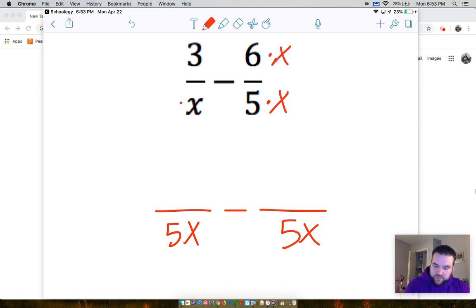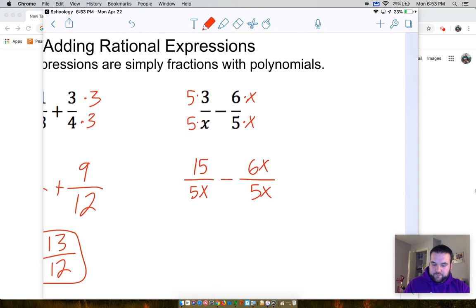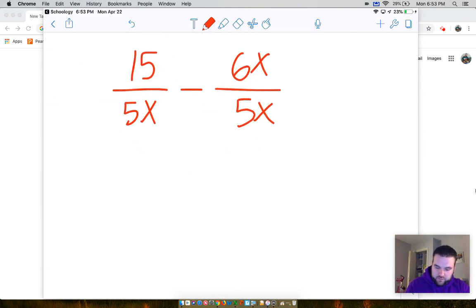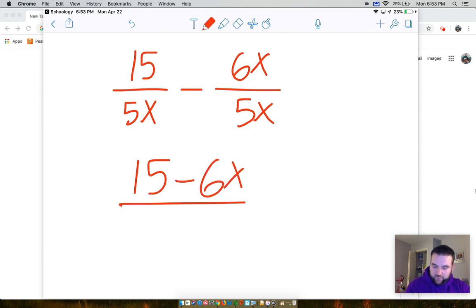And in the first fraction, I'm going to multiply by 5 on top and bottom, so that I achieve my desired denominator of 5x. So this is 5 times 3 is 15. And then the second numerator is 6 times x, so that's 6x. Then I take 15 minus 6x all over 5x.